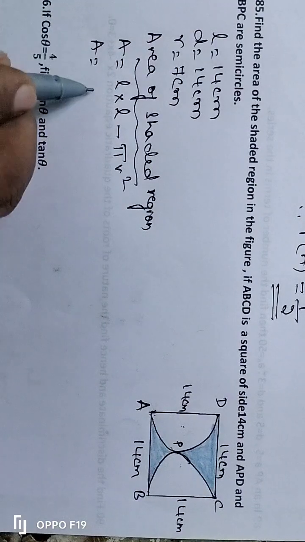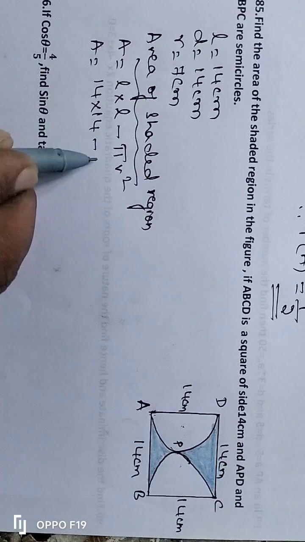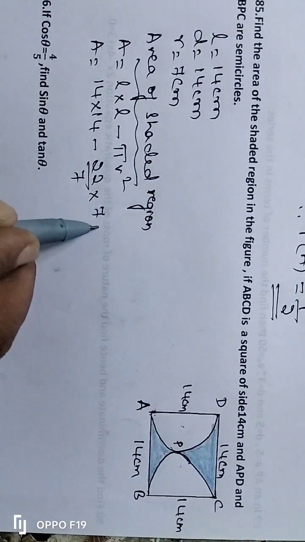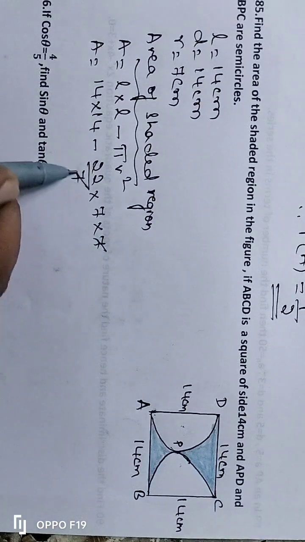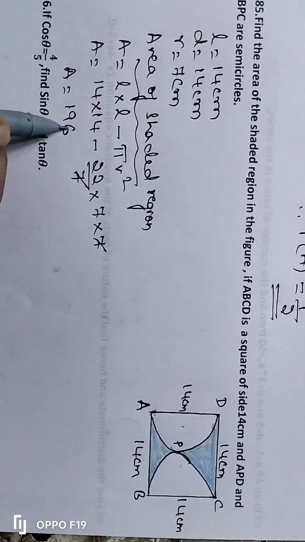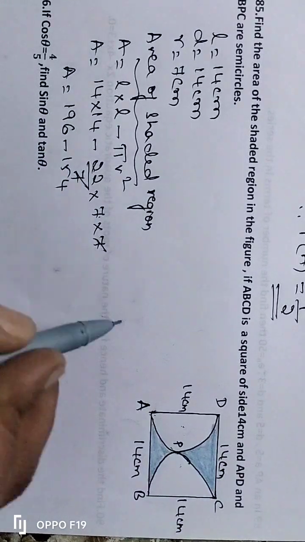So area is equal to length 14 into 14 minus 22 by 7 into what is the radius, 7 into 7. 7 7 cancel. So area is equal to 14 14s are 196 minus 22 7s are 154.